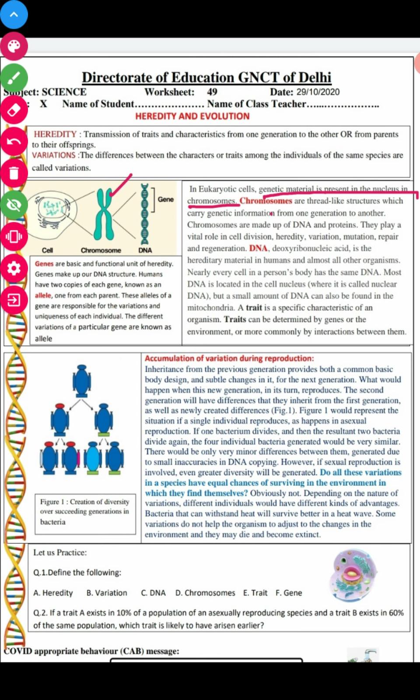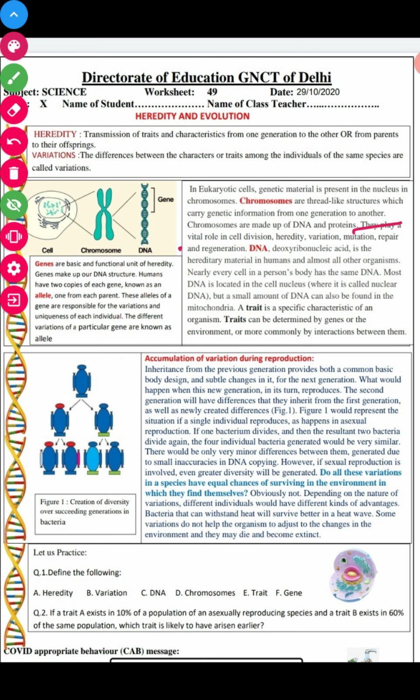Chromosomes are thread-like structures which carry the genetic information from one generation to another generation. Various genes are present on the chromosome, and genes carry DNA. Chromosomes are made up of DNA and protein.